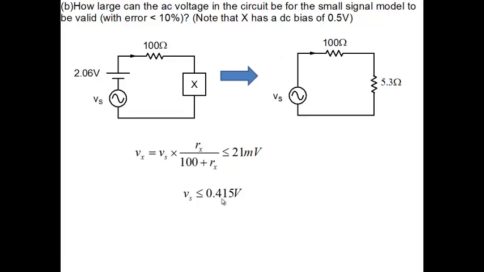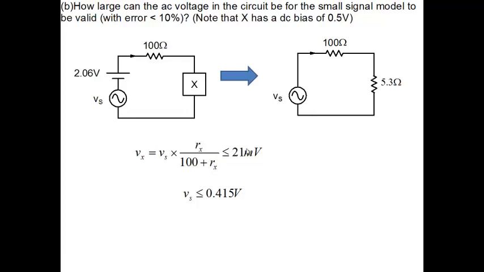I could have applied Vs as large as 4 volt, a very large voltage. If I had put 10K here, I could have applied approximately 40 volt, because it's going to increase. Note that Rx is much smaller than 100, so this would have increased.